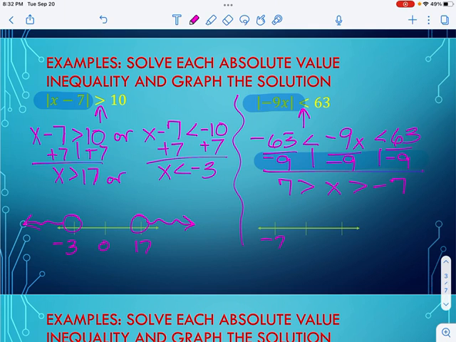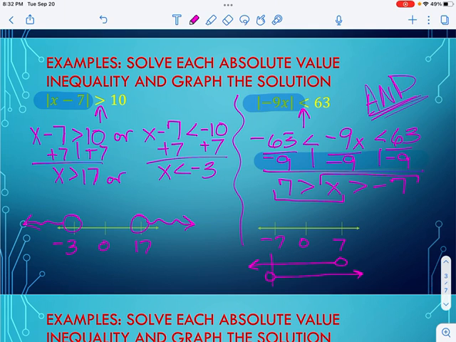Now remember, this is an "and" statement, so we are looking for where they overlap. If you read this first one, it says 7 is greater than x, so x is less than 7. The second one says x is greater than negative 7, so it'd be an open circle going to the right.